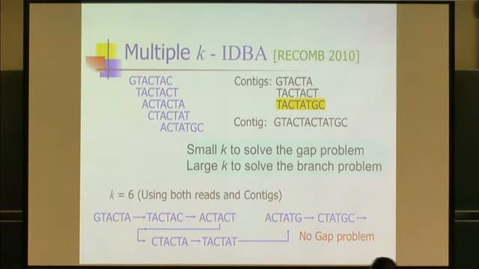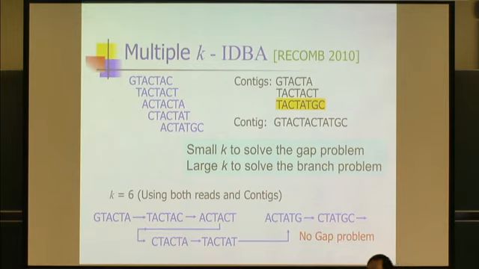So the basic idea is we run the assembler, the de Bruijn graph, from small k incrementing to higher and higher k. For small k, you solve the gap problem. And then when you go to higher k, you solve the branch problem. Then we try to solve both problems.